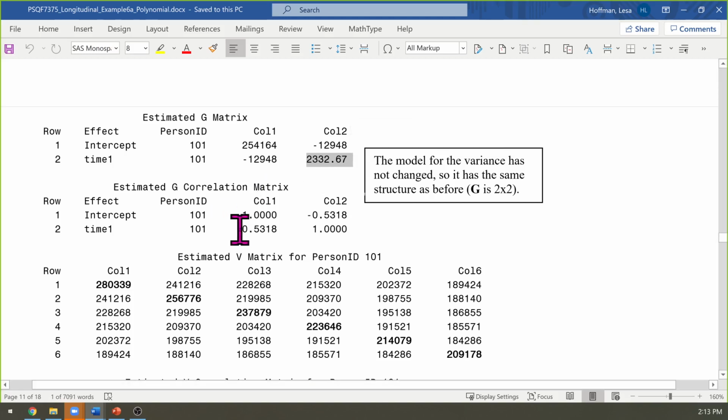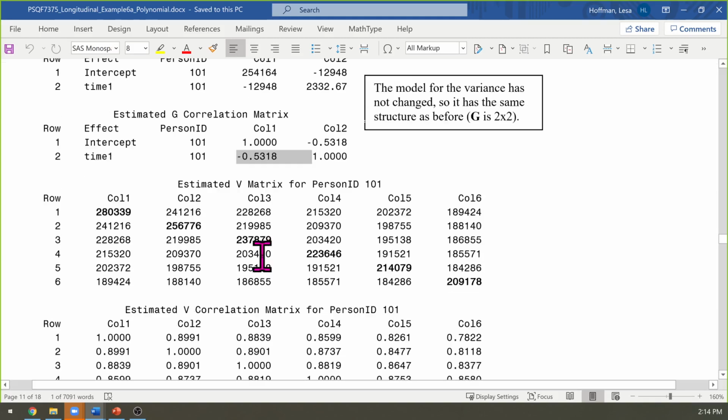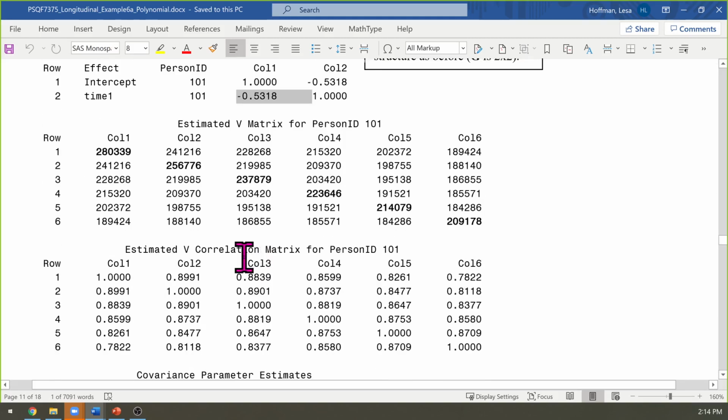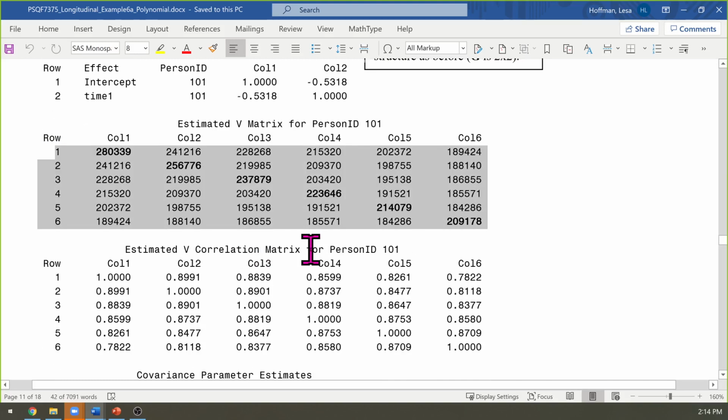And the intercept and slope happen to be correlated this much. And keep in mind that if you want to interpret that correlation, you'd have to talk about the intercept at time 0 specifically, because if you center time anywhere else, that correlation is going to change. So those parameters put together give me my predicted V matrix, which is the composite total marginal prediction by the model.